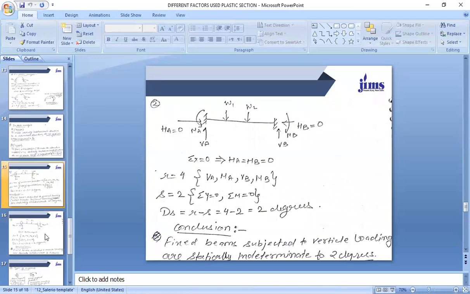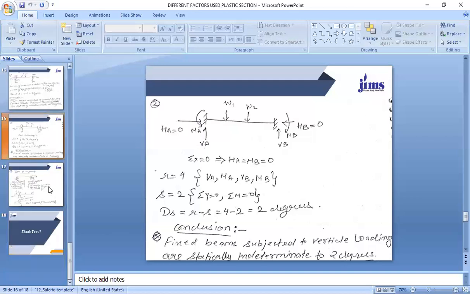If we have a perfectly vertical load, then this HA will not act because no horizontal force is there. How would we get a horizontal reaction? It means only 4 external reactions are there and 2 equilibrium equations, so the static indeterminacy DS will be 2. To make it determinate, we need to provide 2 plastic hinges, and to make a mechanism, we need to add DS plus 1, meaning 3 plastic hinges, right?